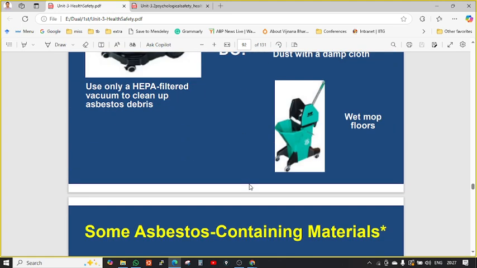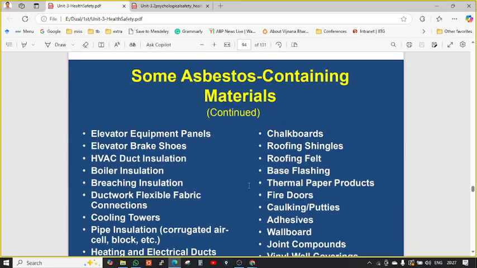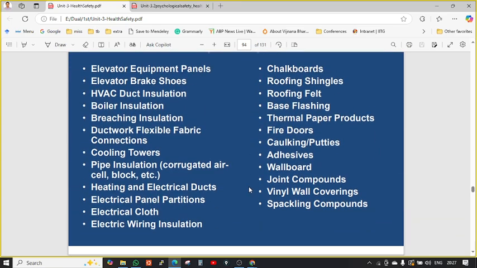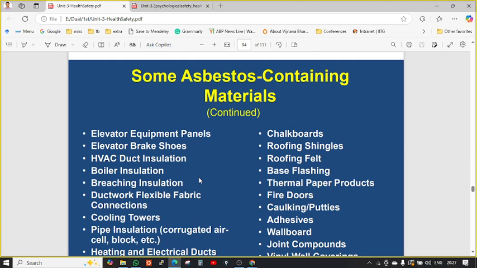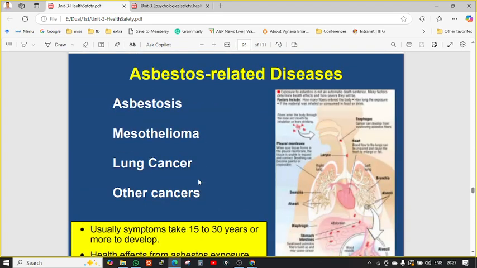So these are some asbestos containing materials. And these are the diseases related to asbestos: asthma, asbestosis, lung cancers, and other cancers. These are the most hazardous chemicals that can enter the body through inhalation.